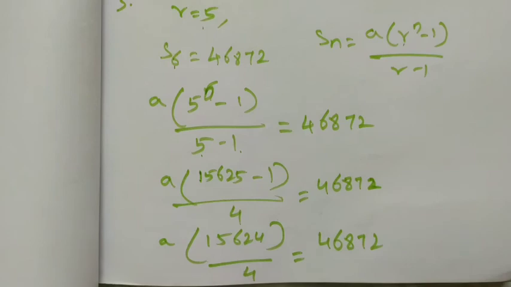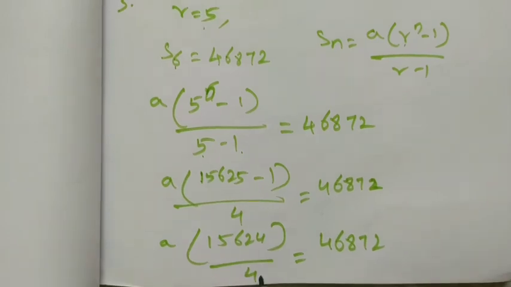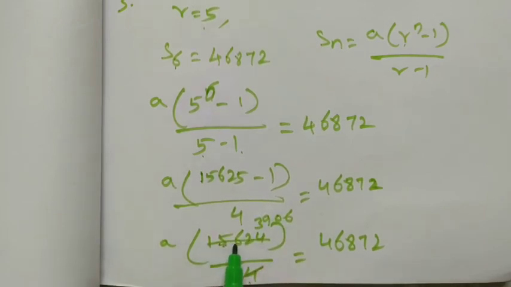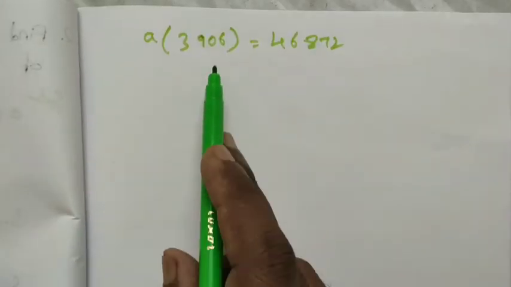If I divide by 4, we get 3906. So A into 3906 is equal to 46872.